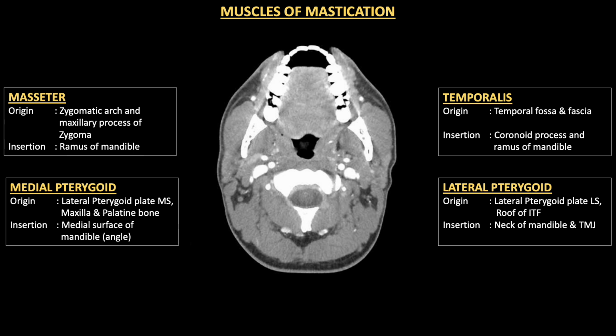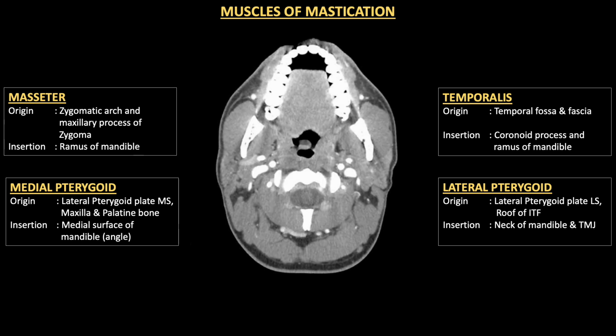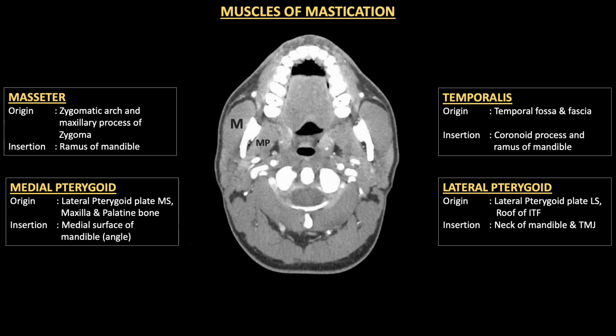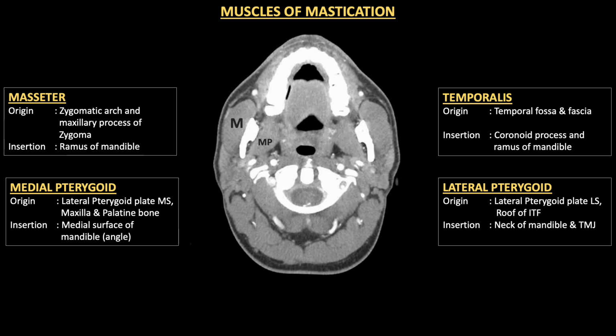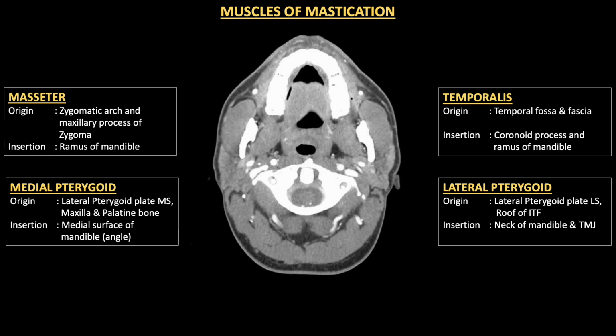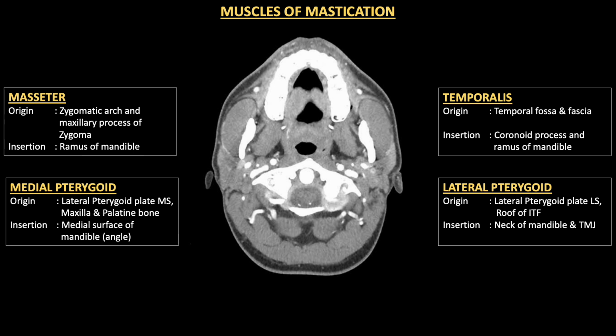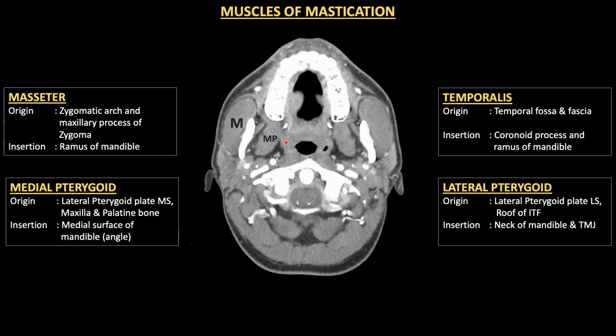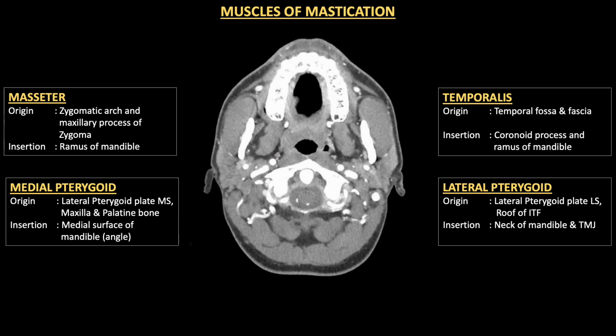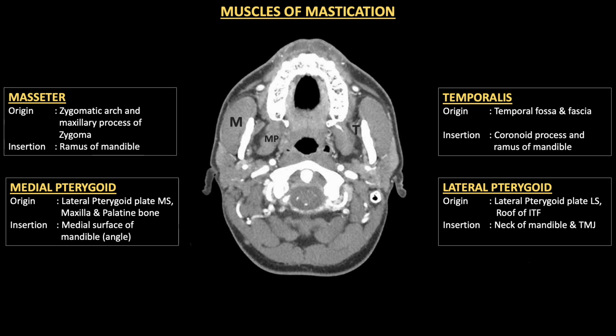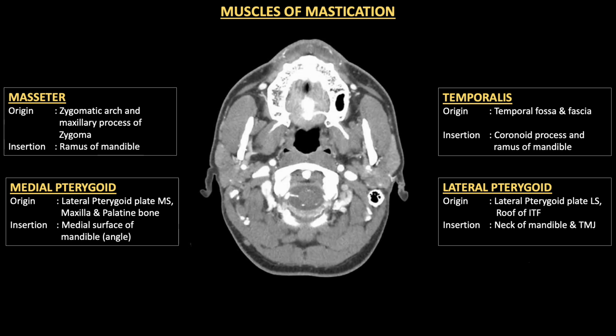So I'm continuing to scroll cranially. We are only focusing on the masseter and the medial pterygoid for now. They are quite prominent, easy to identify. Now you will see that the medial pterygoid will attach to the medial surface of the lateral pterygoid plate.